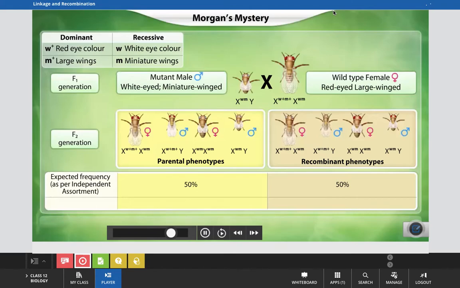However, the actual results deviated quite a lot from the expected. About 63% of the progeny carried the parental traits, while only 37% showed non-parental traits. What could be the reason for such deviated results? Let's try to understand.